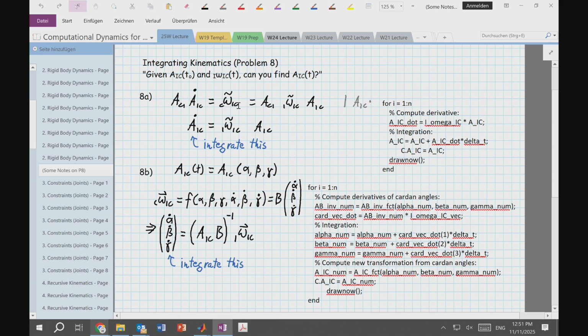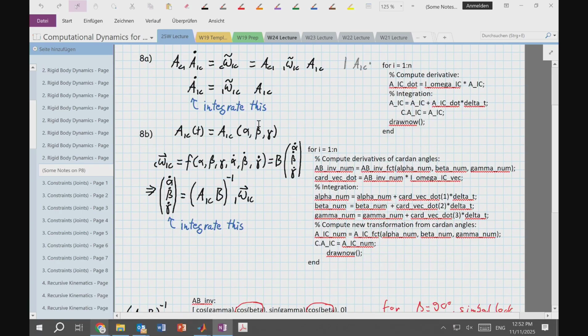And when we integrated, we always had one of these relationships that set these angular velocities in relation to the coordinates that you use to describe your rotation. So in 8b, alpha, beta, gamma are basically my position coordinates, and omega are my velocity coordinates.